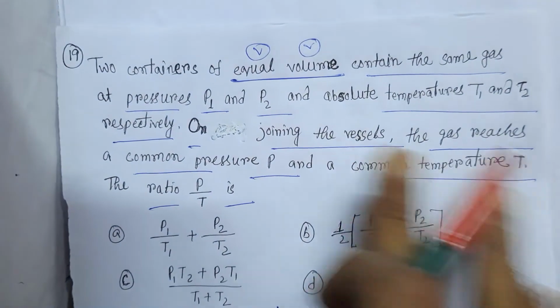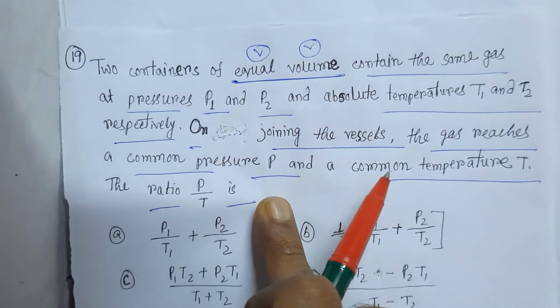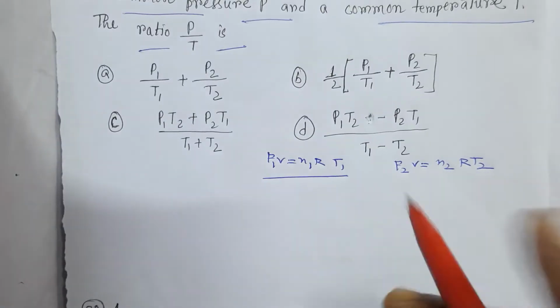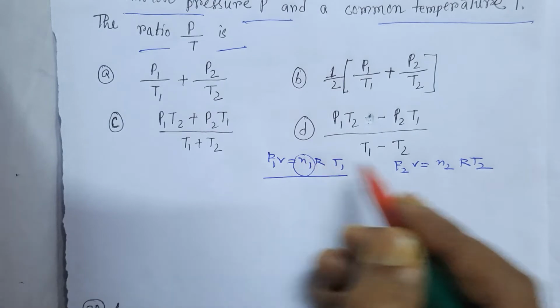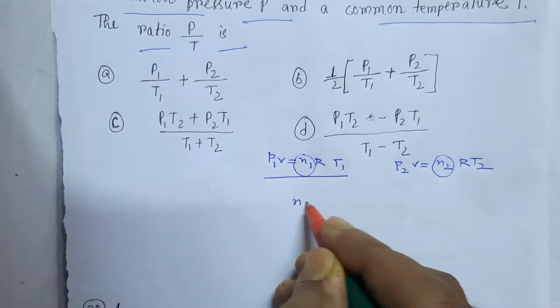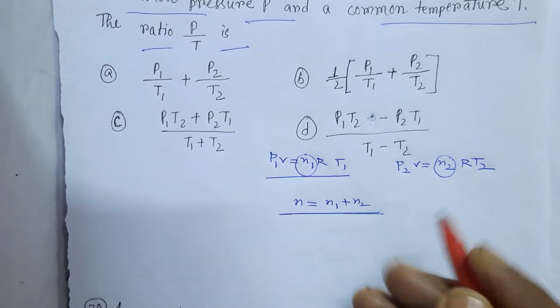Now, when they are connected, the number of moles will remain the same. So, the number of moles N equals N1 plus N2. This should be our equation of consideration.